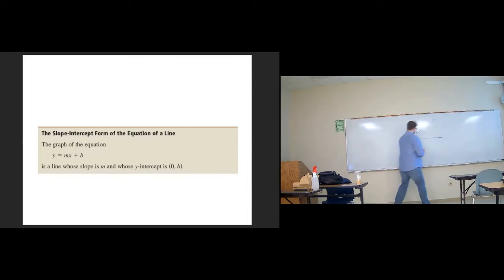So if this line is written in the form mx plus b is equal to y, when we plug in 0 for x, all that survives is that b term. So to get some intuition of what this equation is actually telling us, the b is going to be the place where we cross our y-axis. The m is going to be how inclined our line is.